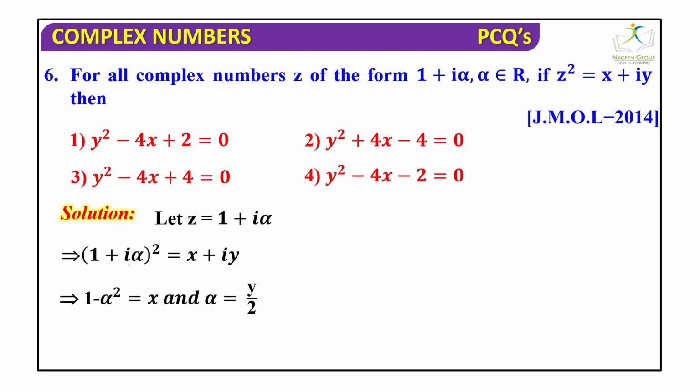Okay, so here we are doing what? Opening the square, it is 1 plus iota square alpha square plus 2 into iota into alpha, right?